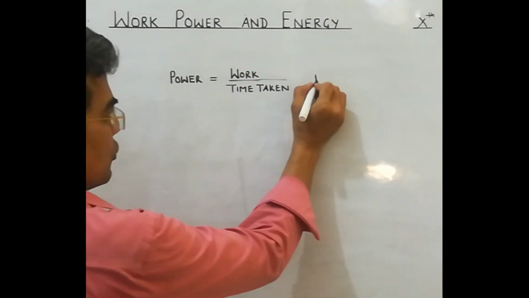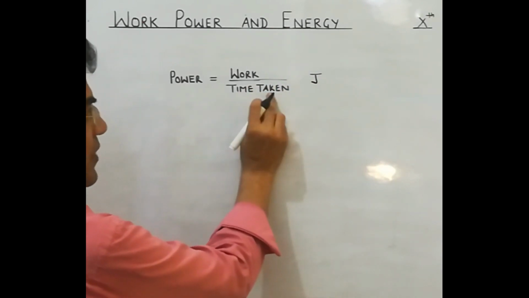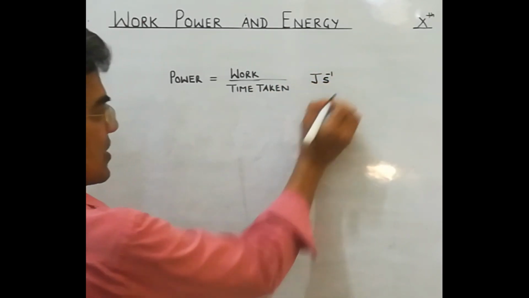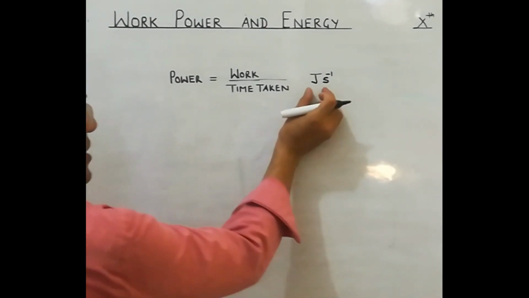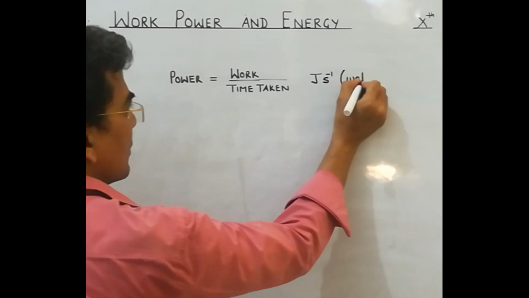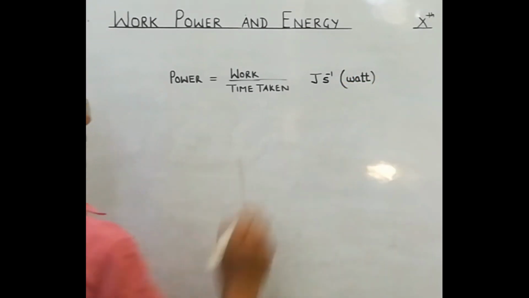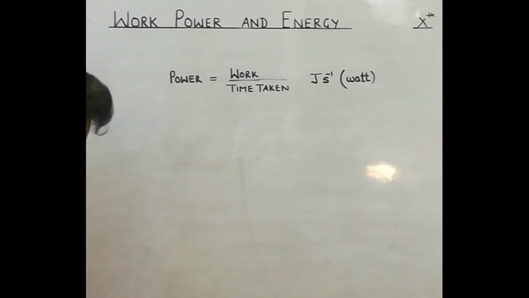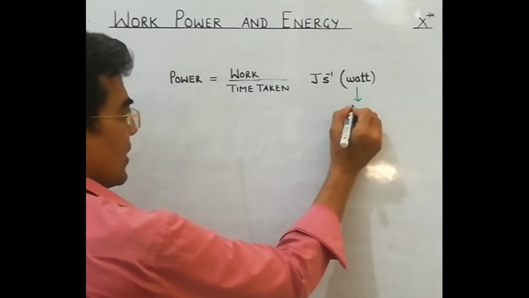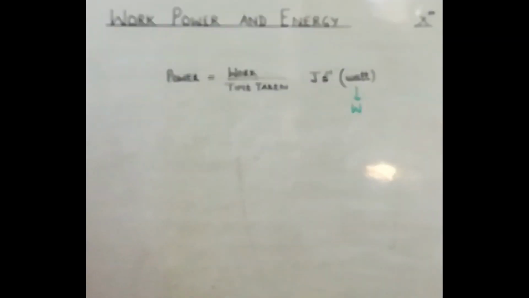Work is in joule and time is in seconds. So joule per second. And this unit is also known as watt. So in place of joule per second, you can write watt, and watt is abbreviated as capital W. This is the unit of power.